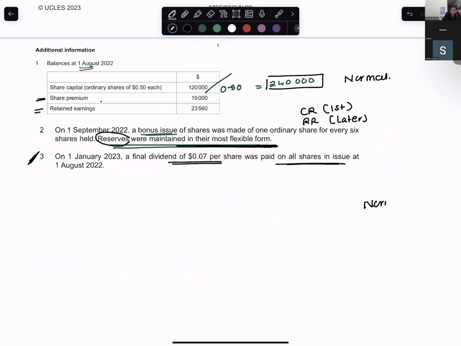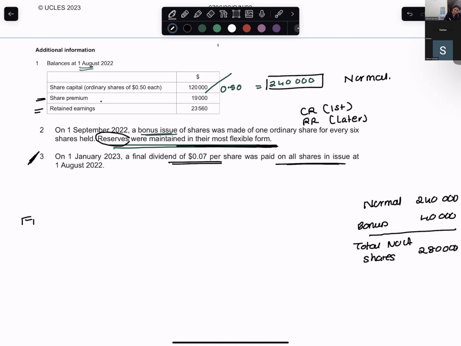You gave the bonus shares as 40,000, right? Yeah, 40,000. So what is the total number of shares in issue? Total number of shares in issue is 280,000. Final dividend is how much? Final dividend is 0.07 per share.